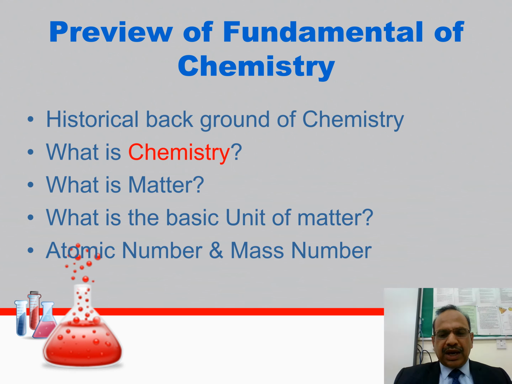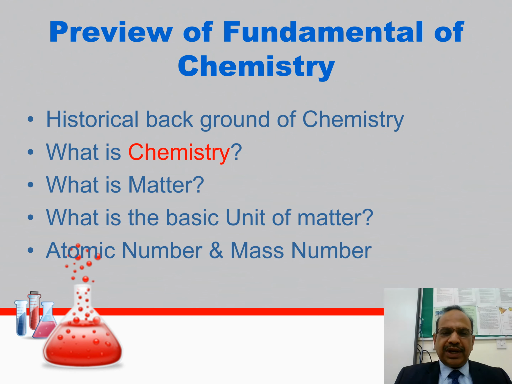Atom. Then what is atomic number? The number of protons and electrons present in an atom is the atomic number. Mass number: the number of protons and neutrons present in the nucleus of an atom is the mass number. So that is the preview of the first lecture.